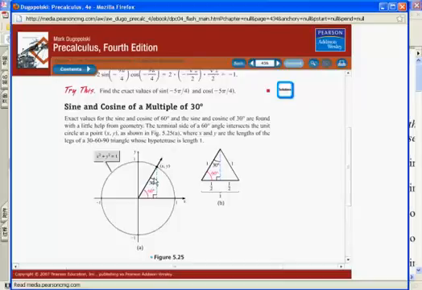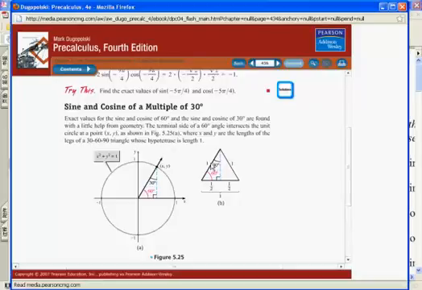We can take this triangle out, make a copy of it, and put this copy just beside it, and then we can form an equilateral triangle. So that means the length of this leg of this right triangle is equal to half of the length of the hypotenuse.